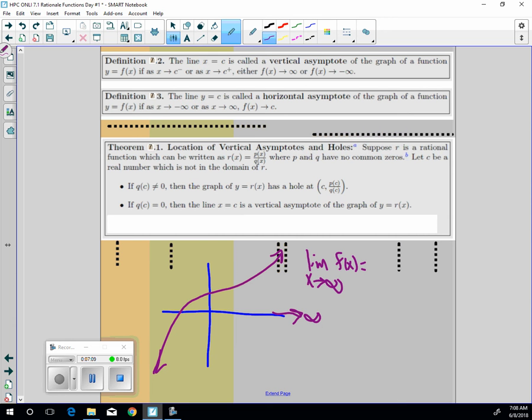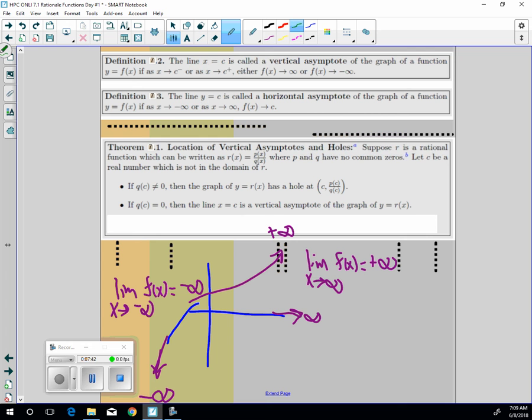This one is going up, up, up to positive infinity. With this one, we'd say the limit as x goes to negative infinity, that y value is going to go down, down, down to negative infinity.